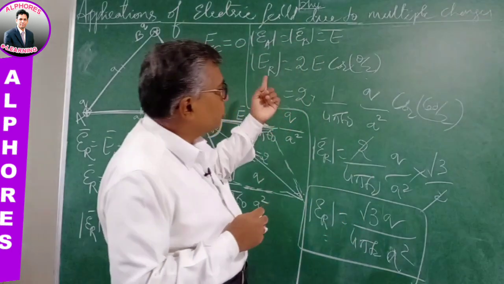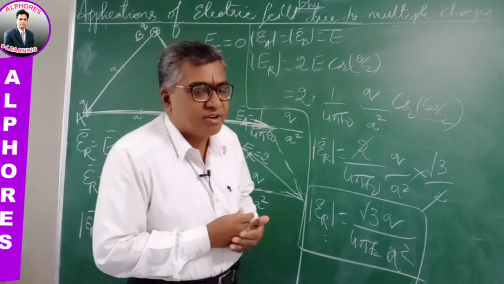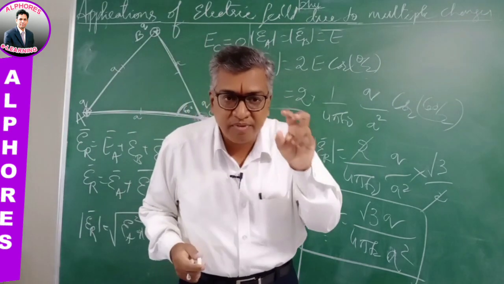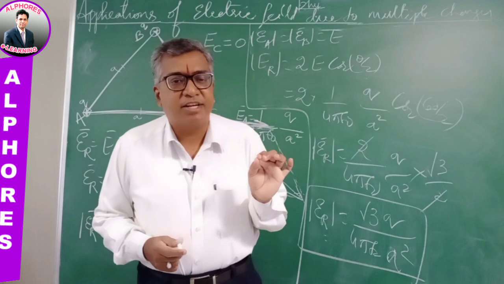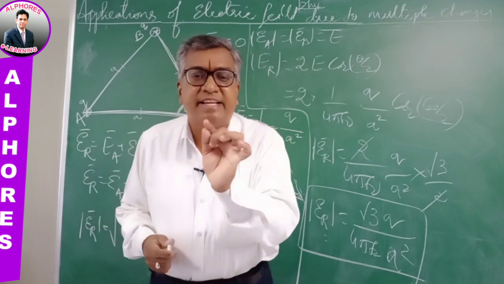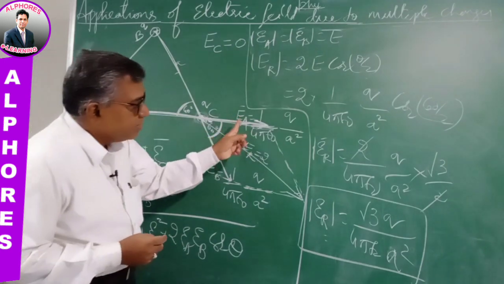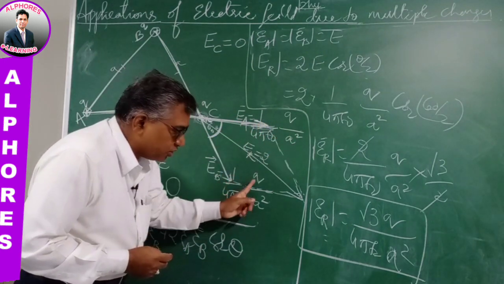But since both are of the same magnitude, we have a trick. We have a note in the parallelogram law of vectors where if 2 vectors are of the same magnitude, P and P, then the resultant magnitude is simply 2P cos theta by 2. Here the magnitude of EA is 1 by 4 pi epsilon Q by A square, and EB is also the same.